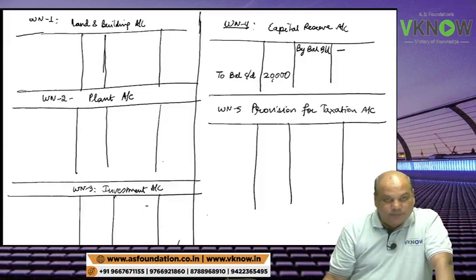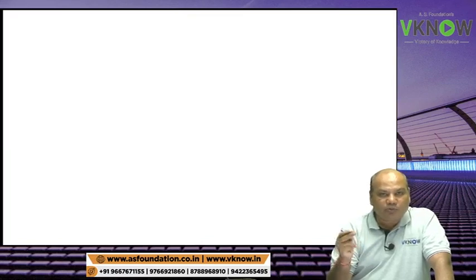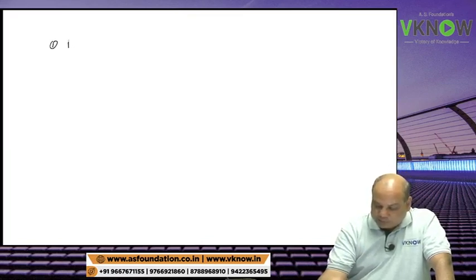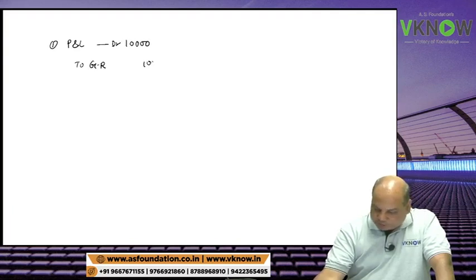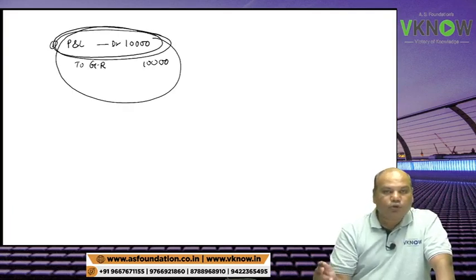General reserve. General reserve was 40,000 at the beginning, and it has become 50,000. So what entry have they passed? They have passed this entry, P&L account debit to general reserve 10,000. P&L account balance got reduced for a non-cash transaction.